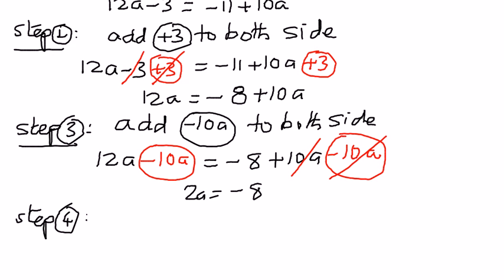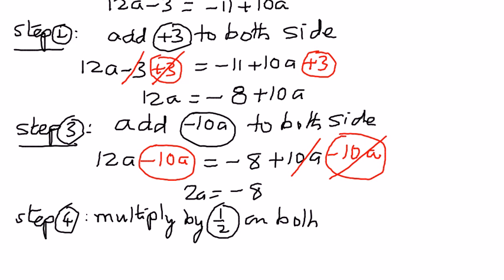We're going to use the multiplication property and then try to find the value of 1a. Multiply by the reciprocal of 2, which is 1 over 2, on both sides of the equation.